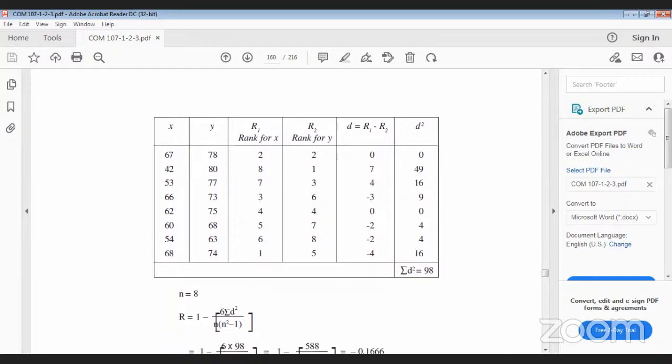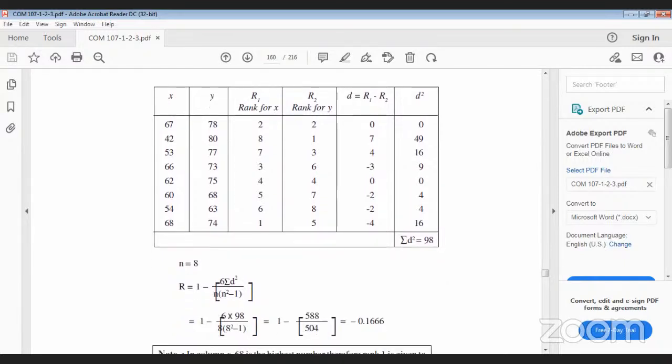So when we put those figures in this formula, R is equal to 1 minus 6 into 98 upon 8 into bracket 8 square minus 1, bracket complete, big bracket also complete here.